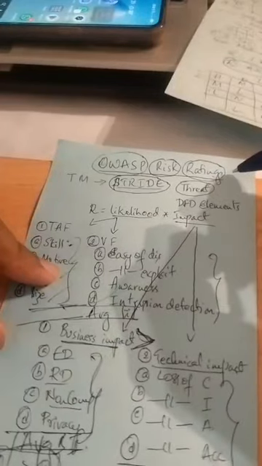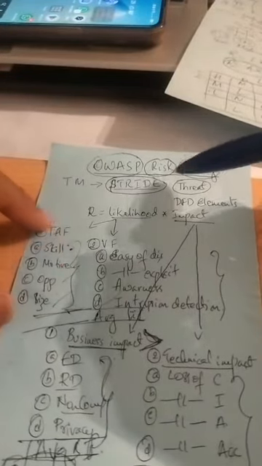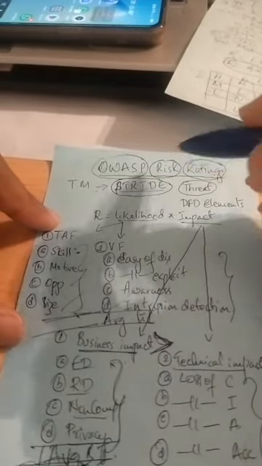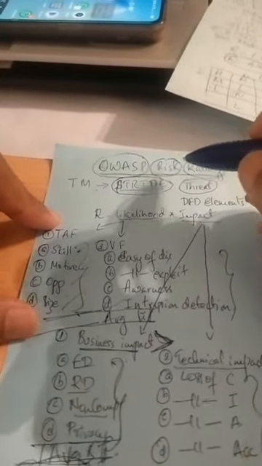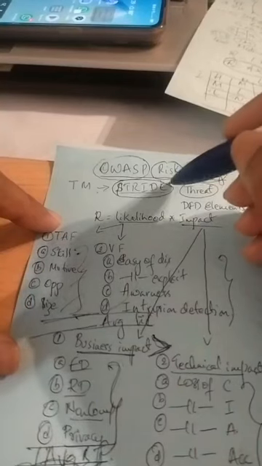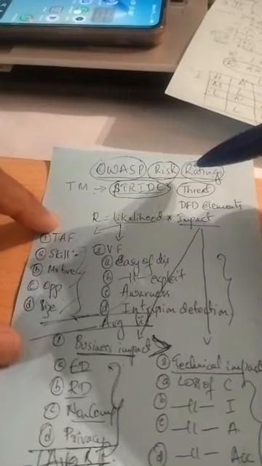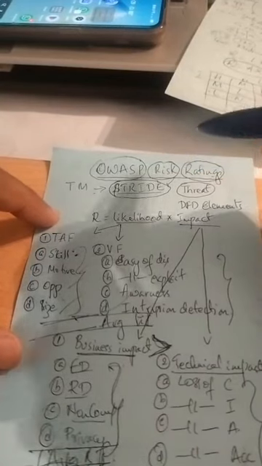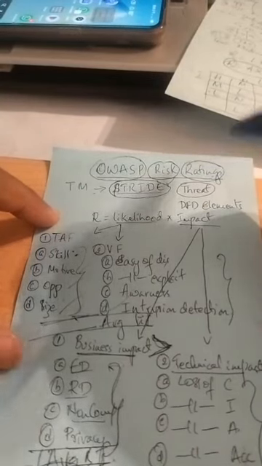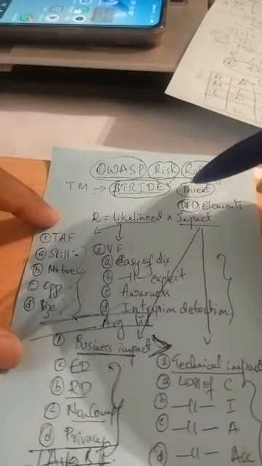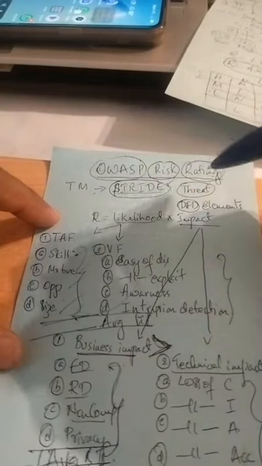So this is about OWASP risk rating, where we started from threat modeling, and in order to model any application we make use of STRIDE analysis. This STRIDE analysis maps different data flow diagram elements against STRIDE.